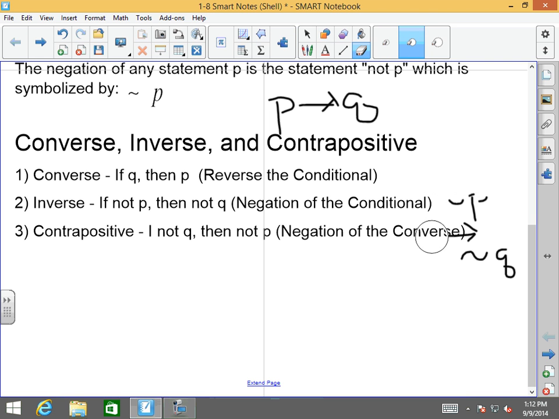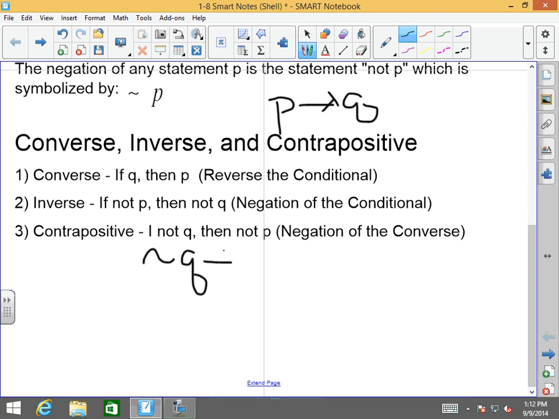Let me erase this so it doesn't get confusing. The contrapositive negates the converse. So we could say if not Q, then not P.